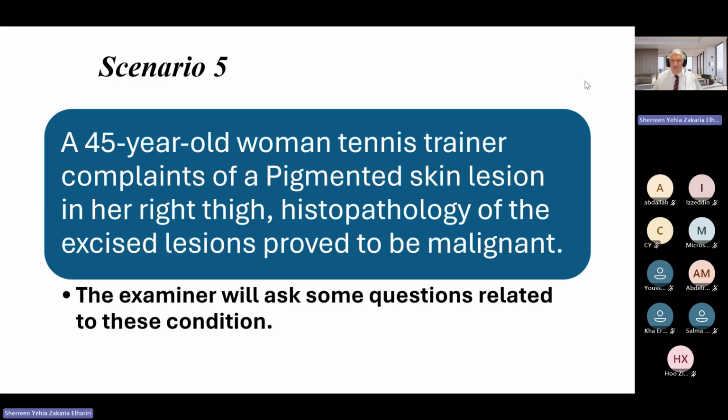All right. Anyone need to speak about skin tumor? It's a very common disease in the UK. Very common, very important topic, by the way. Dr. Salma, you can start again. Don't worry. Okay, doctor, so you can see the scenario. It is clear.